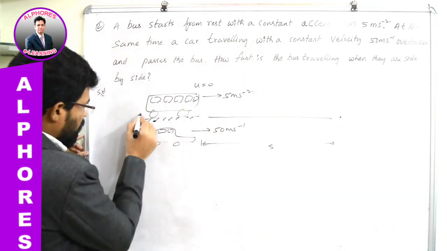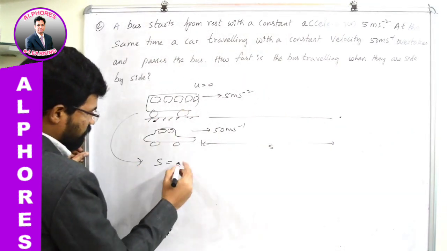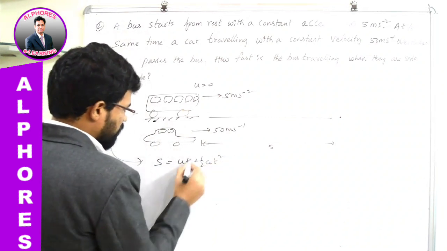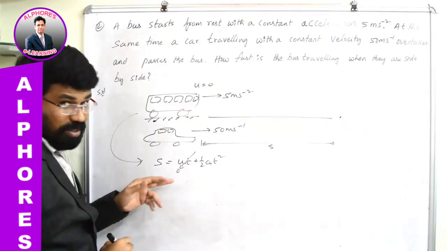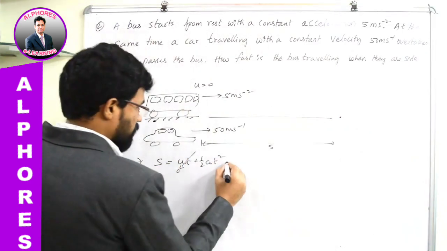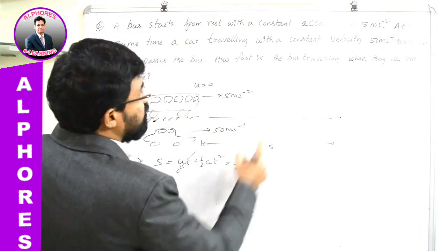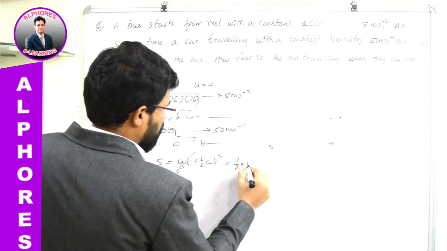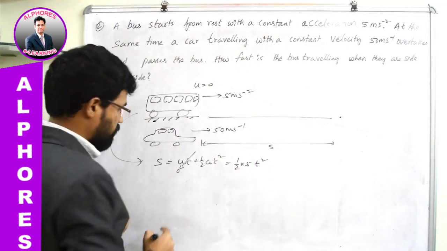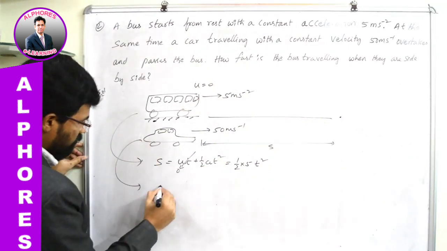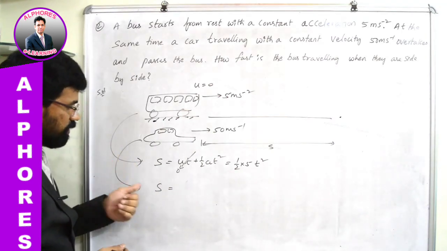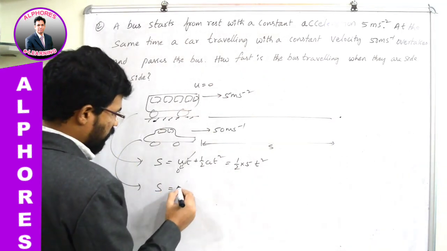So distance traveled by both the bus and the car is the same. For the bus, I'll write s is equal to ut plus half at square. Since the bus has started from rest, u is 0, so this term vanishes. Half into a, given as 5 meter per second square. t we don't know, so s is equal to half into 5 t square. And for the car, the distance covered is also the same.